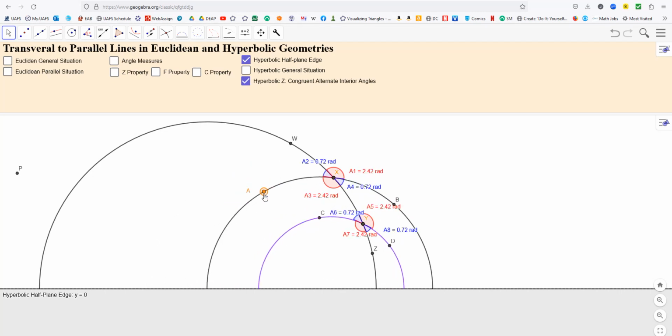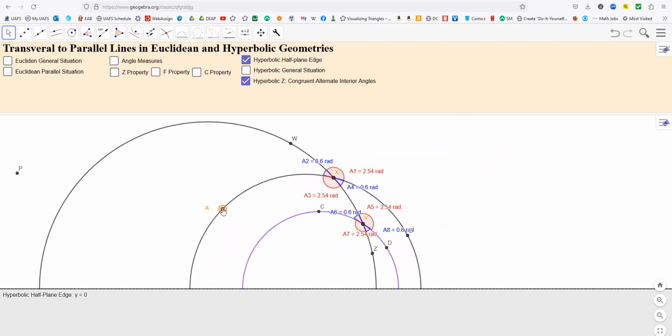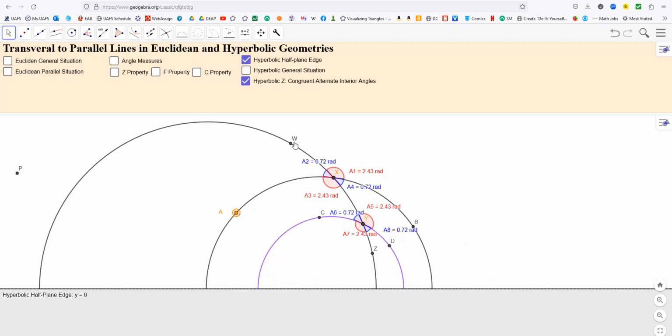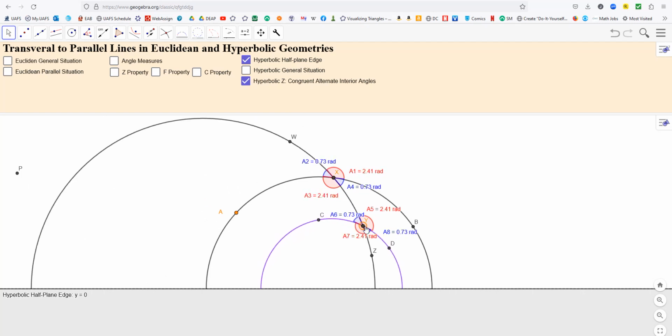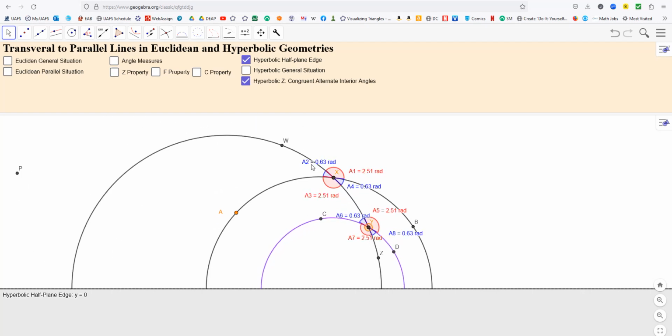This one's free to move anywhere we want. And here we pick a point that we can move around. But the rest of it's fixed, so that the transversal is the line XY. And we fix it so that the interior angle here has the same measure as the interior angle here, alternate interior angles, the Z property, or these two red ones here. And sure enough, we get the two congruence classes of angles there, just the two angle measures. And then this purple one will always be parallel.